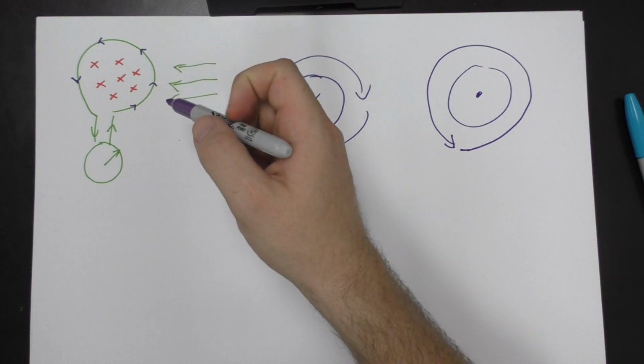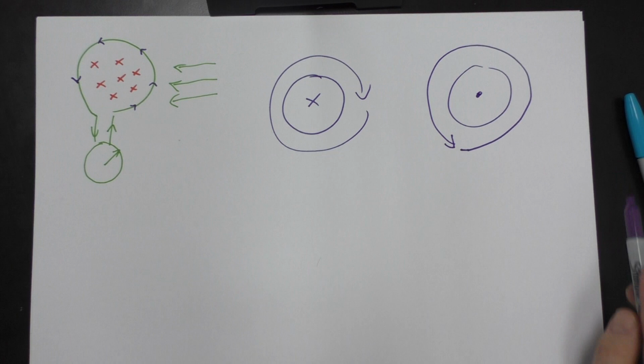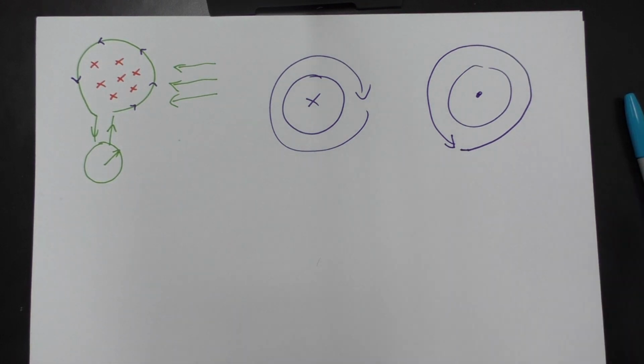Now, it's an observable fact that when you change the magnetic flux linked, i.e. the red in this instance here, I've lost my red pen, actually, I think it might be orange.